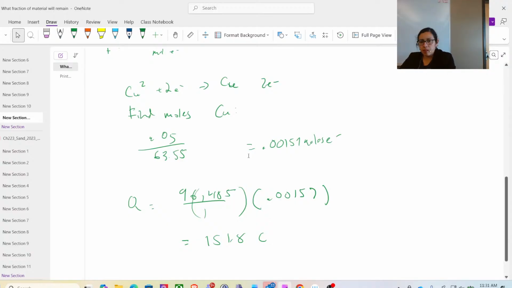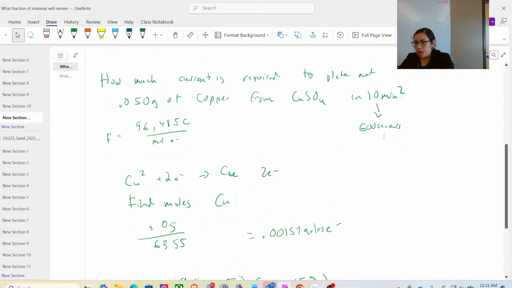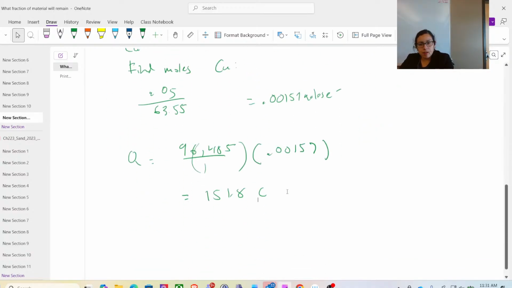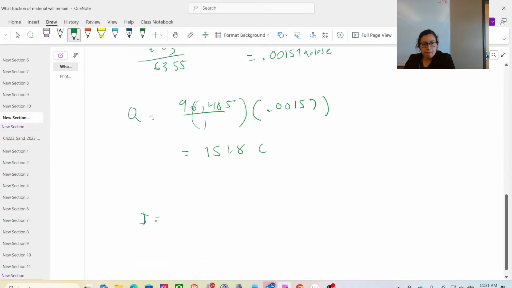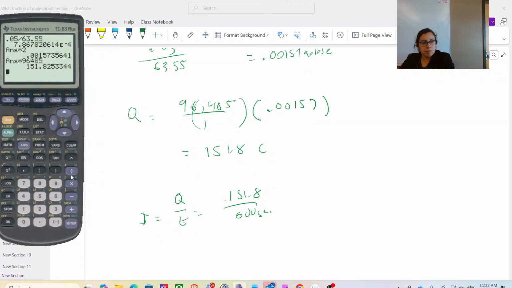And then, like you were saying, we have to figure out the time. We converted our 10 minutes to 600 seconds to account for our current. Now to find our current, we can take our Q over t, so 151.8 divided by 600 seconds there to figure out our current.